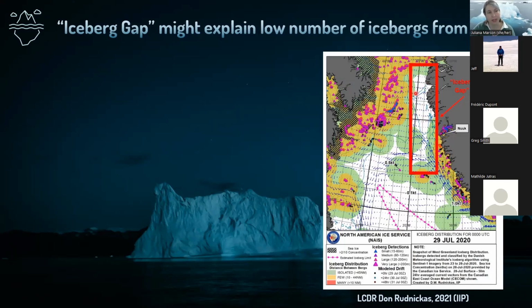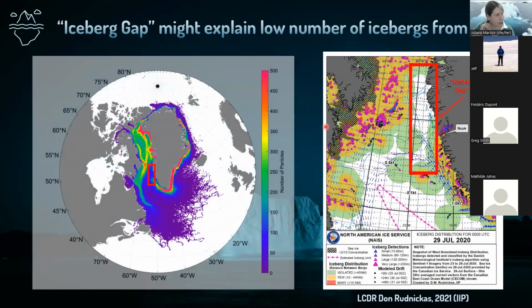They don't see many icebergs in this region usually, and they attribute that to wave erosion, which is an important mechanism to disintegrate icebergs. They think that because this is a very energetic spot, the icebergs just don't survive for too long in that region. And if you look into the output of the model, indeed you see a smaller concentration of iceberg particles in that same region.